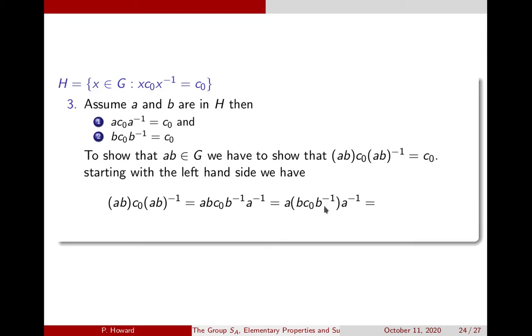The expression in parentheses by one of our assumptions is C sub 0. And then A C sub 0 A inverse by the first of our assumptions is C0. We have completed the proof that A times B is in H.